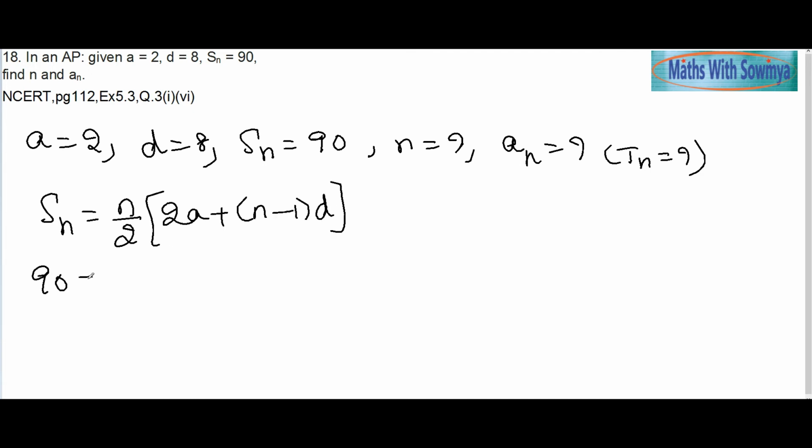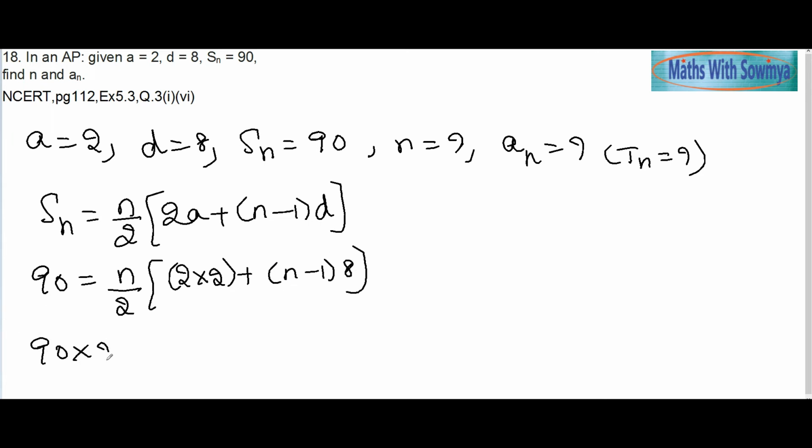This is given 90, n value we don't know. This one we know, 2 into 2 plus n minus 1, 8. Cross multiply this one, n into 4 plus 8n minus 8.